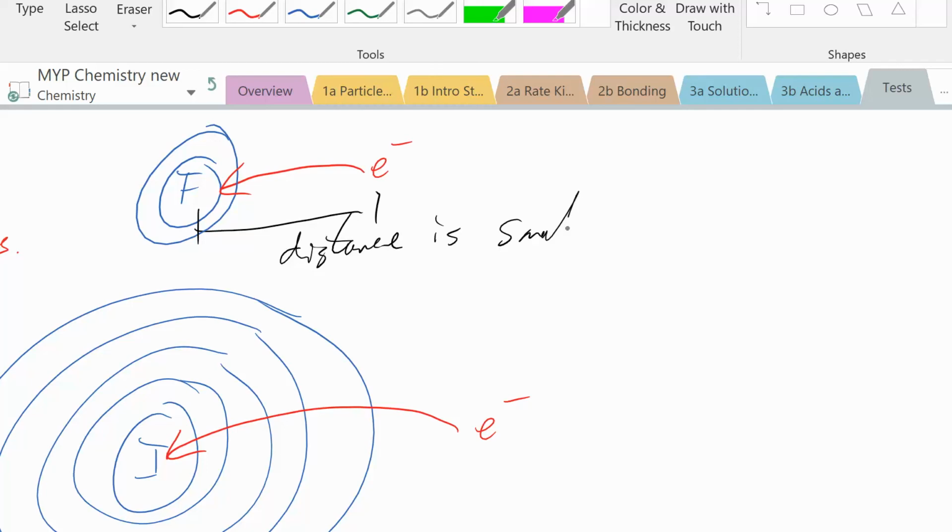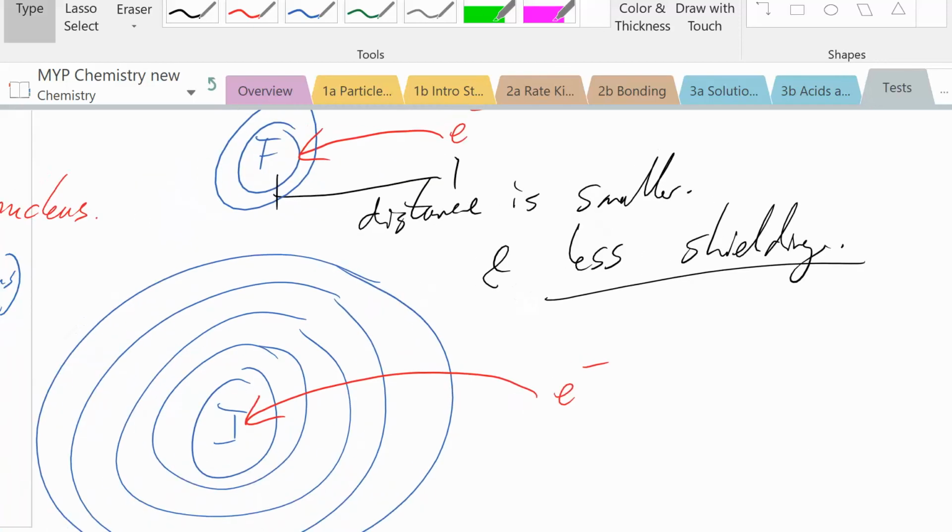Distance is smaller, and there is less shielding. Okay, because iodine is going to have electrons in all of these shells, and so this electron has to still feel the attractive force of the positive nucleus in the center here, despite all these negatives in between.